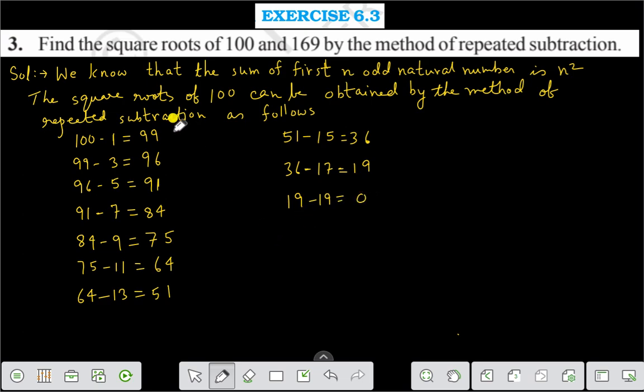How many steps? 1, 2, 3, 4, 5, 6, 7, 8, 9, 10 steps, right?